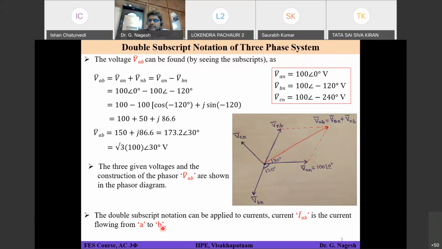Okay, so that is represented as I bar AB in terms of phasor. So this is the basic concept regarding plotting of the phasor diagram and terminologies for phasor voltage and how to calculate VAB.